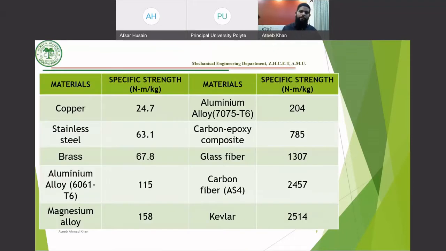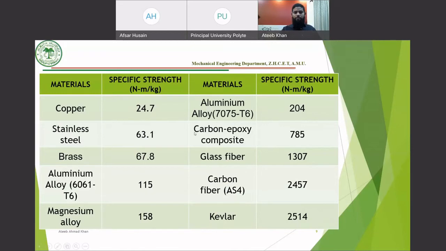Now, this table will tell you why I was emphasizing that composite materials or alloys are better than metal. You can see that the specific strength of copper is only 25. And as we move down to alloys, it is 158, 204. So if you compare the specific strength of copper and aluminum alloy, it's almost 10 times.